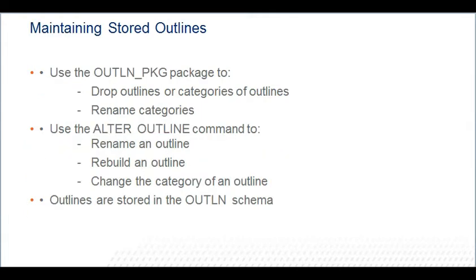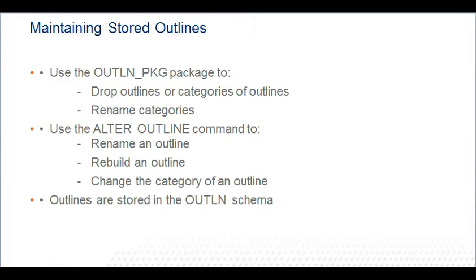Maintaining stored outlines. Use procedures in the outln_pkg package to manage stored outlines under categories. These procedures are: the first one is drop_unused. It is used to drop outlines that have not been used since they were created. The second procedure is drop_by_cat.